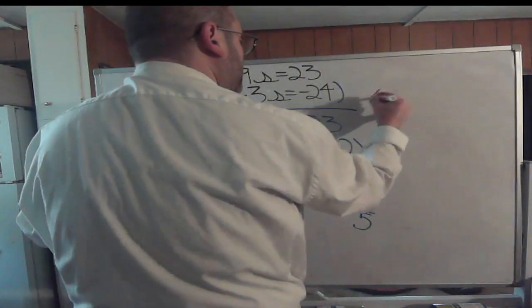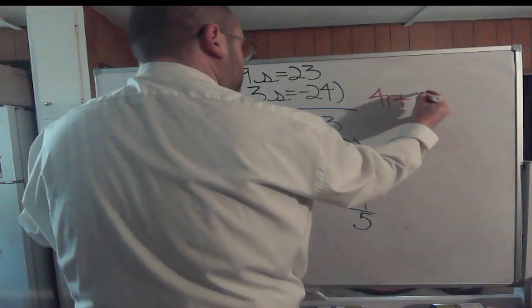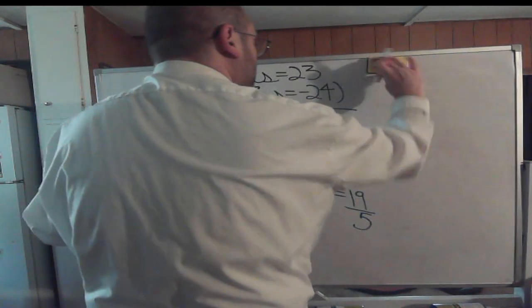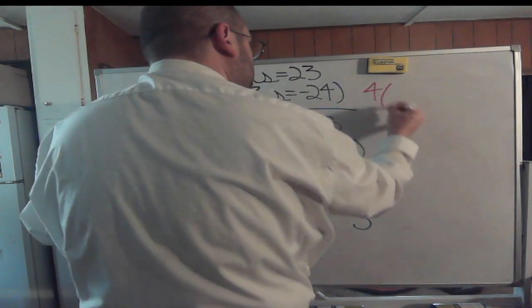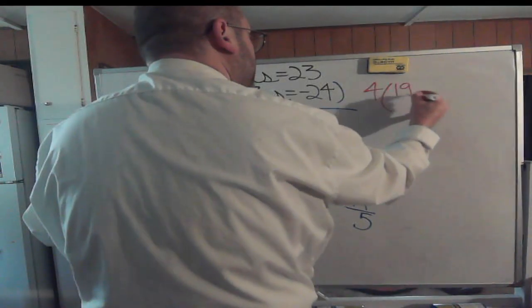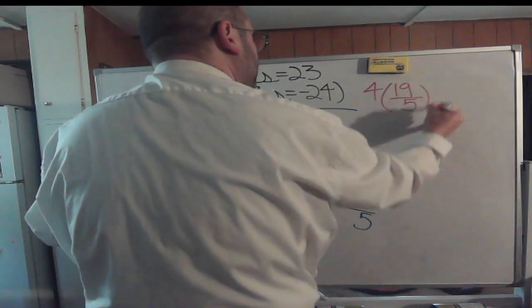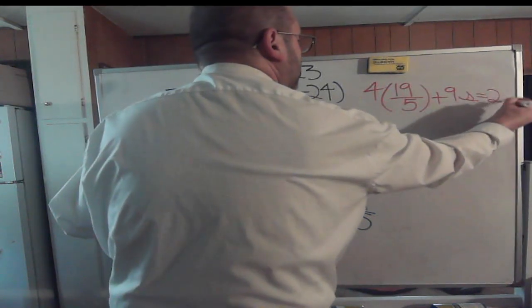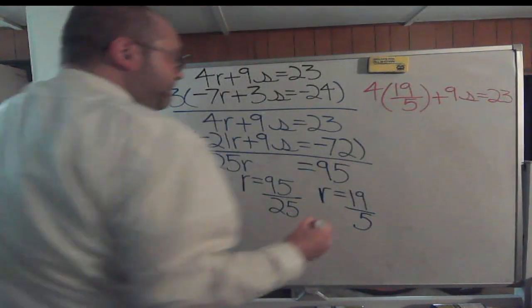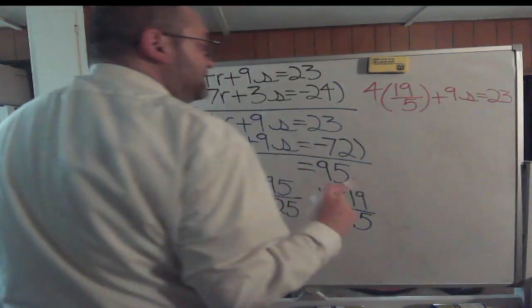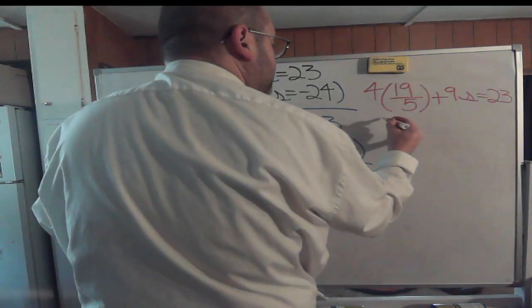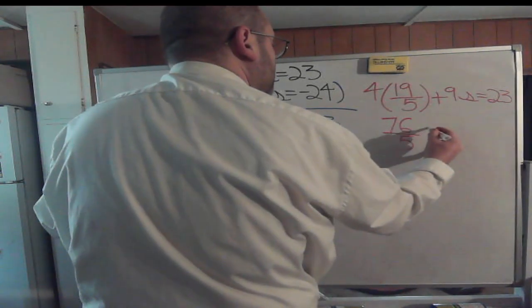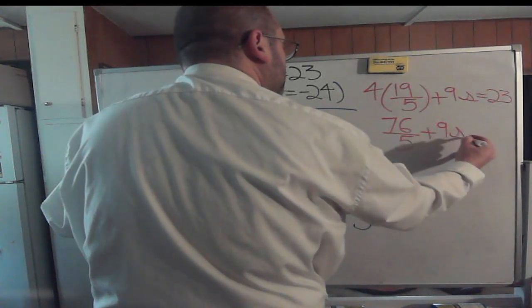So you'll have 4 times 19 fifths plus 9s equal to 23. Well, 4 times 19, that's going to be 76. So you would get 76 fifths plus 9s.